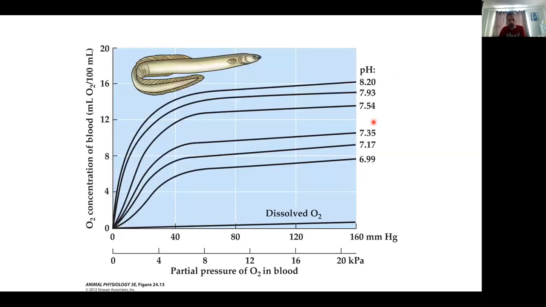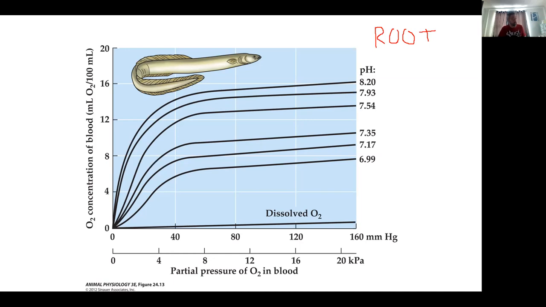A related idea, although not exactly the same, is something called the Root effect, named for a guy named Root, who discovered this. And the Root effect is not something we see everywhere. We see it in animals that have swim bladders, so a lot of fish, not all fish, but a lot of fish.